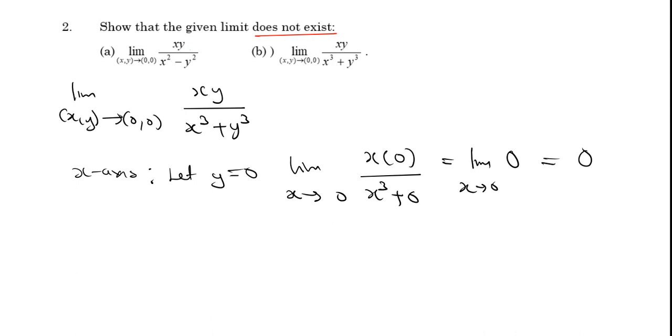So I go through another line and see whether I still get the same limit. I'm going to go along the line y equal to x. For this one, I am replacing y with x, so my function will only be in terms of x.